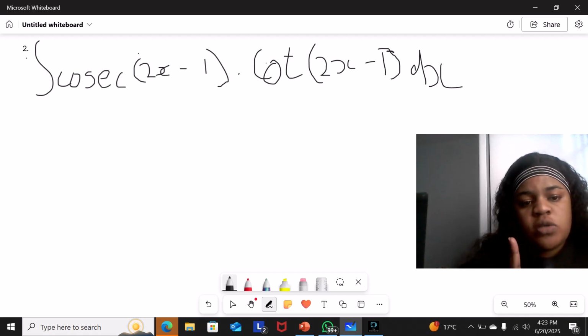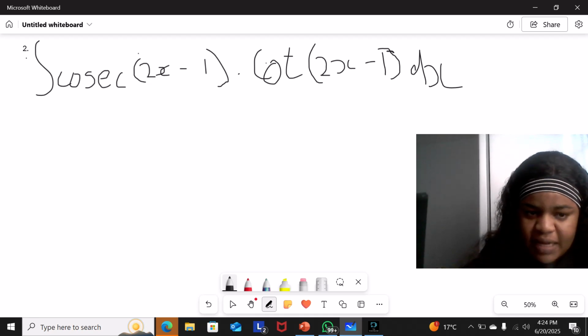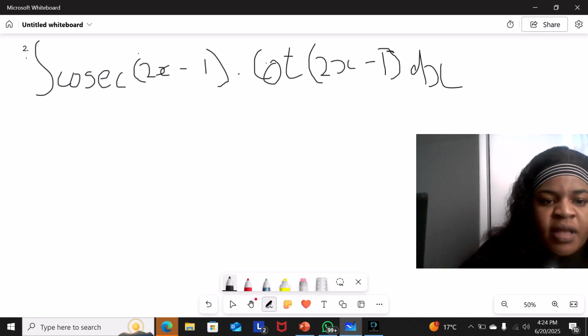And then what do you see here? We have two equations, which is cosec 2x minus 1, and then you also have cot 2x minus 1 dx, right? We need to derive this one. We'll take this one as u, we'll take this one as v.